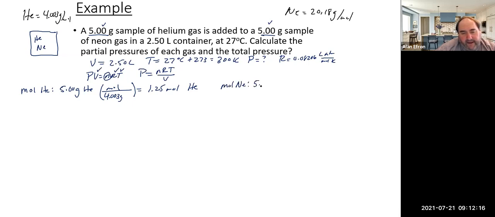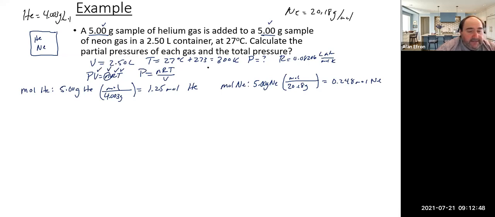We have 5 grams of neon, using the molar mass from the periodic table, 20.18, which gives us for our neon 0.248. So that now allows us to have the moles for each of the gases.